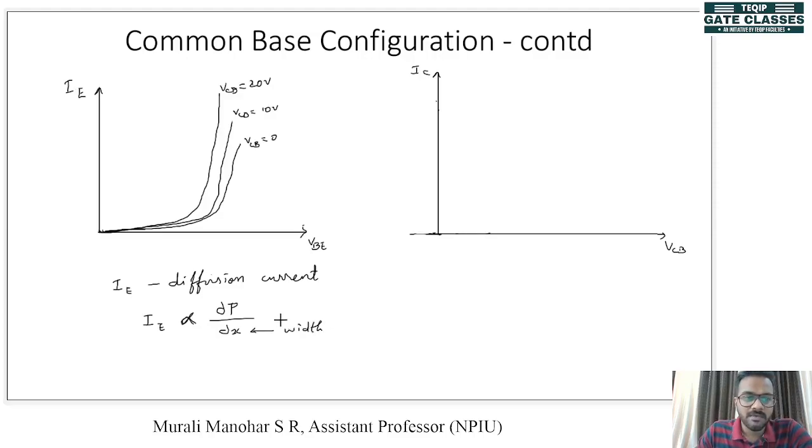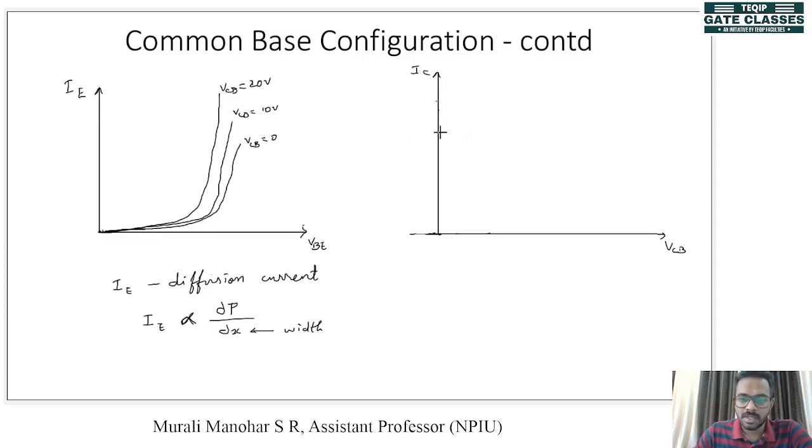So as width decreases, this term IE will increase, and the decrease in width is due to increase in reverse bias VCB. As VCB increases, the effective width of base decreases. Okay.